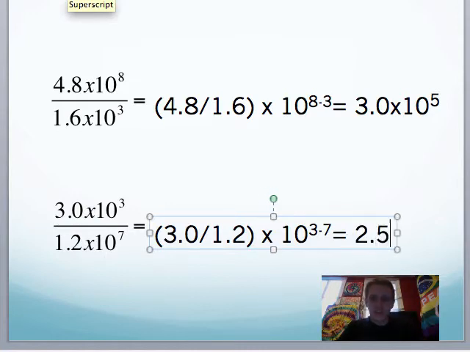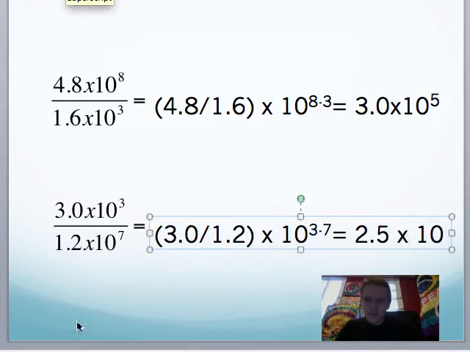Our new coefficient is 2.5. Multiply that by 10 to the 3 minus 7, which gives you negative 4. So that is key. Might be kind of difficult to see here, but make sure you have a negative sign in front of the 4.